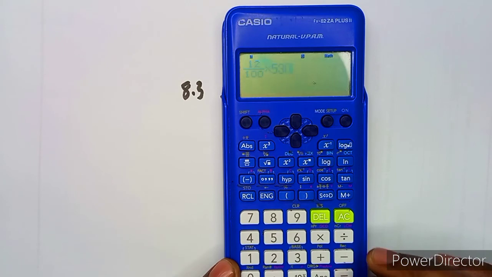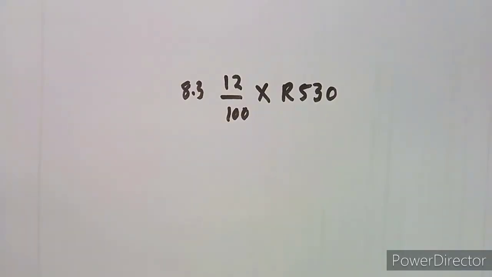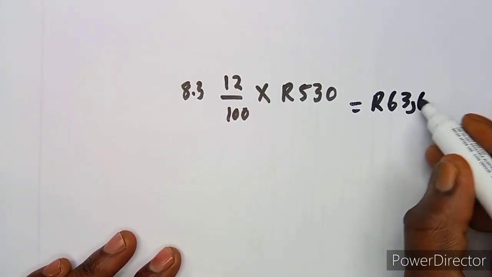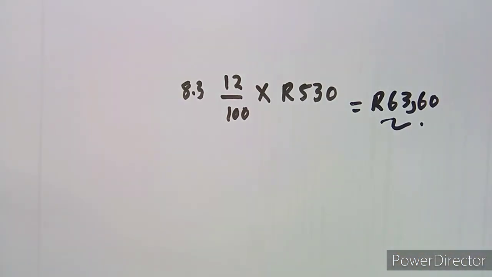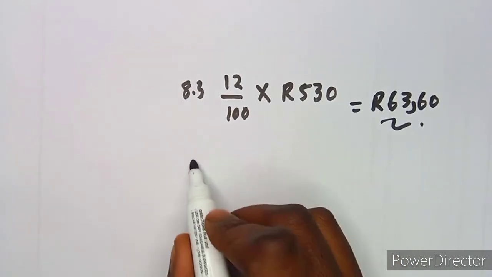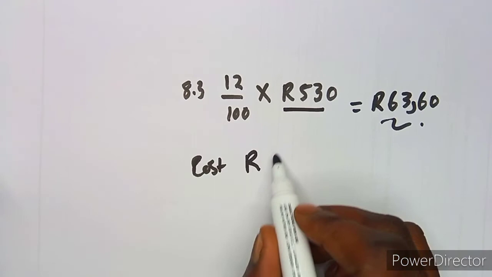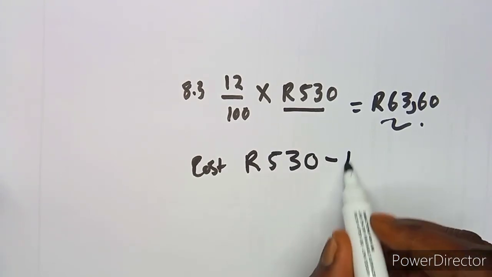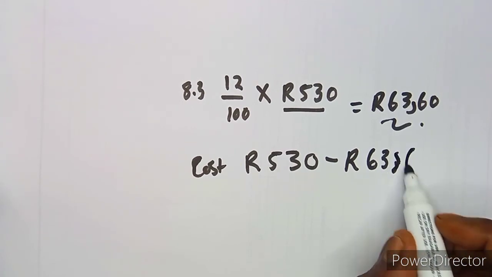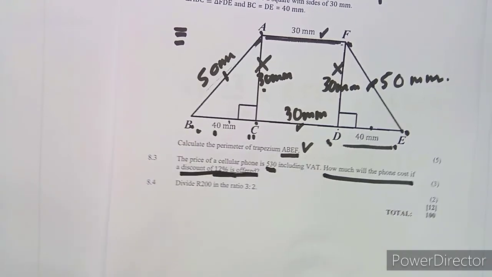We're just going to give this as a decimal, that's 63.6. So this is going to give us 63.60 rand. Okay, so this is the 12%, but we need the price now. How much will the phone cost? The phone is going to be the amount which was there before, which is 530, minus the discount, which is 63.60, because it is on a discount, guys, so we have to subtract.